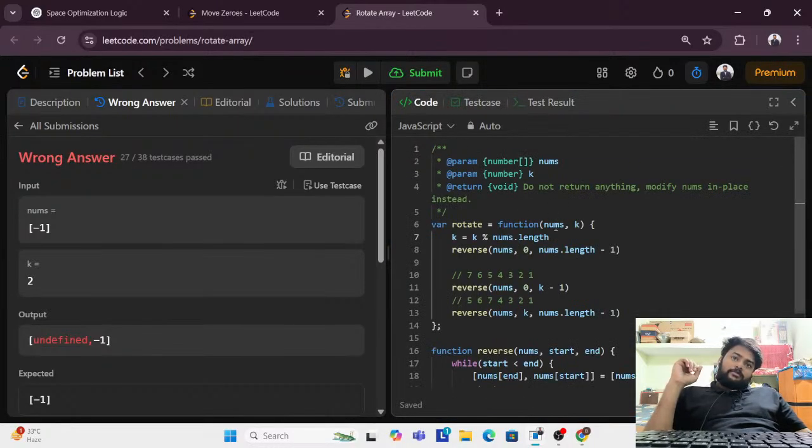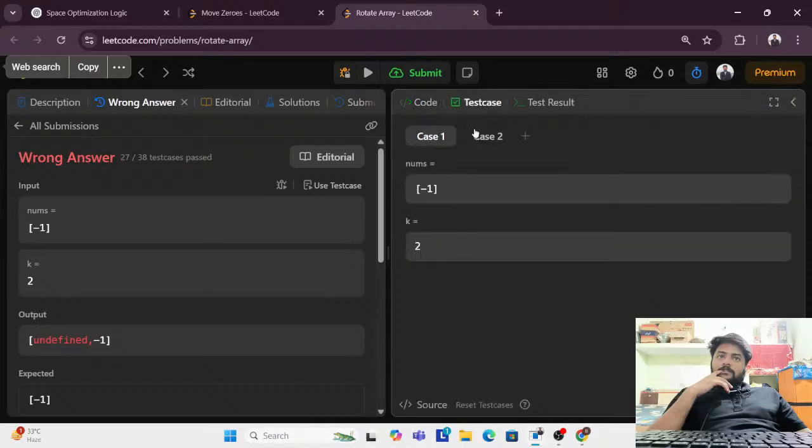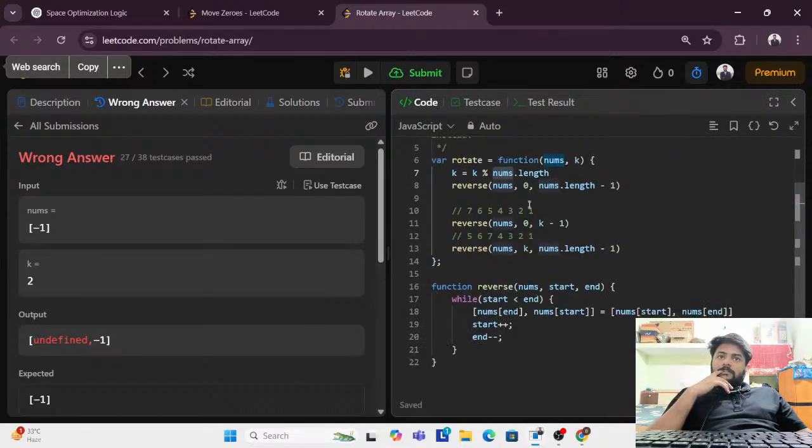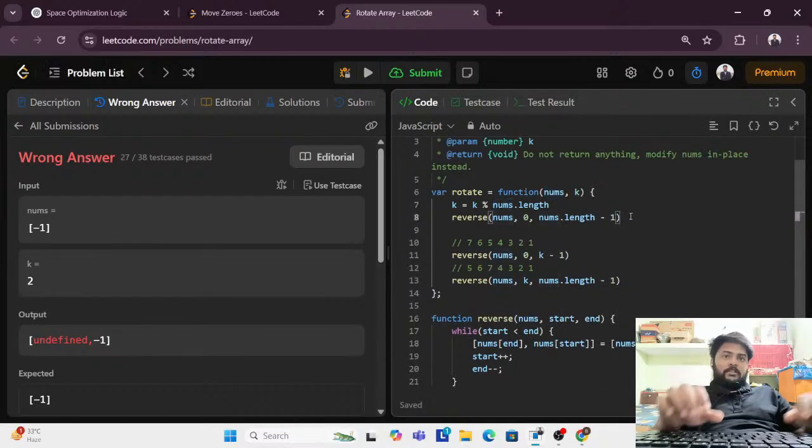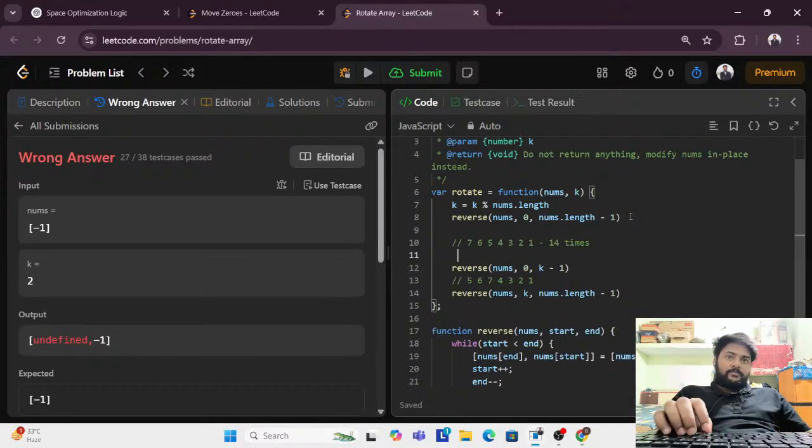The reason is basically, let's say the array is this, right? And I need to rotate 14 times. So rotating 14 times k means, right? Let's rotate 7 times first, right?